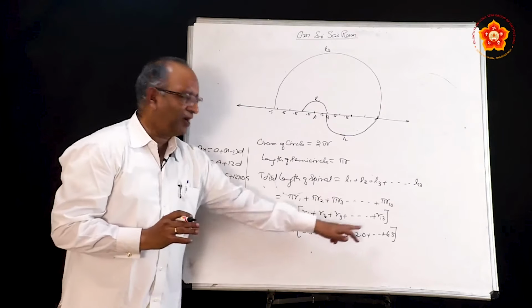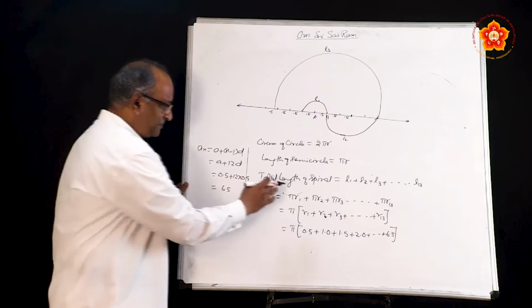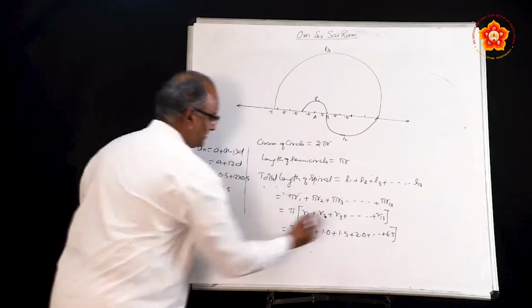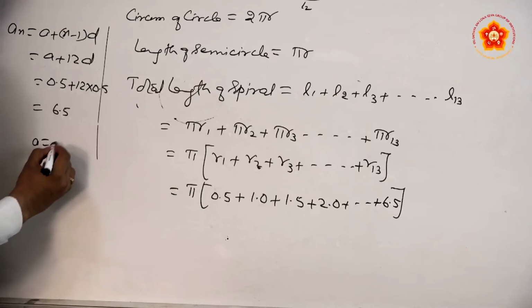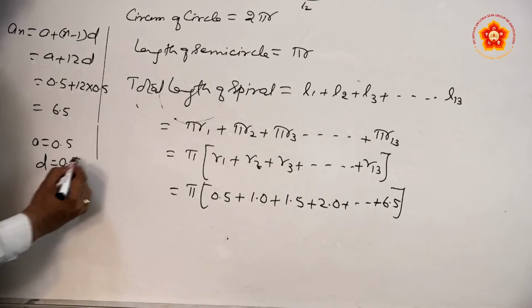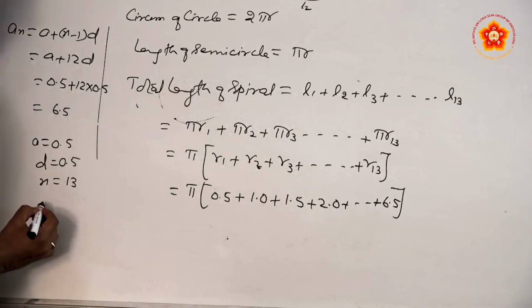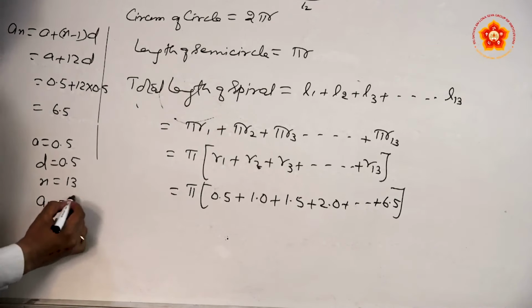So, we know the formula for the sum of the terms of an arithmetic progression. Here, for this particular series, a is equal to 0.5, d also happens to be 0.5, the number of terms is 13, and the last term a13 is also known as 6.5.